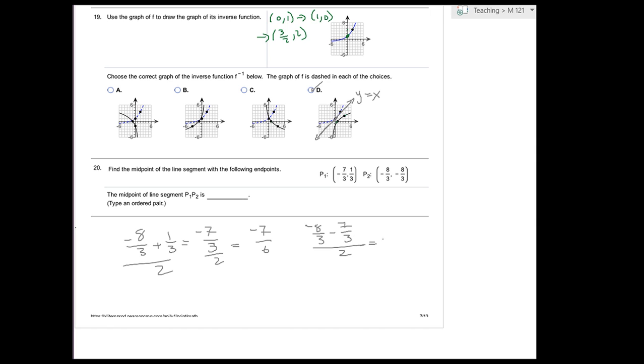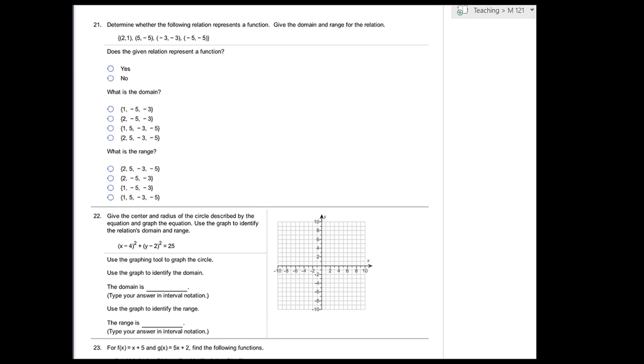Divide all of that by 2, so that's negative 15/3 divided by 2. Negative 15/6. So the midpoint is negative 15/6, negative 7/6. That's our midpoint. Great. Let's keep going. I think we're almost done.